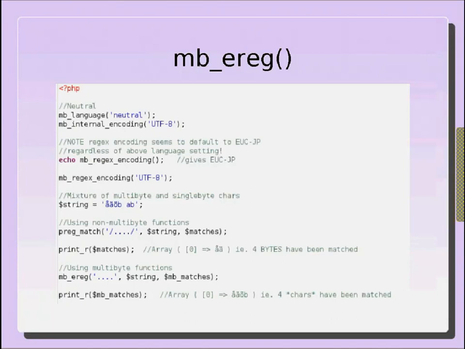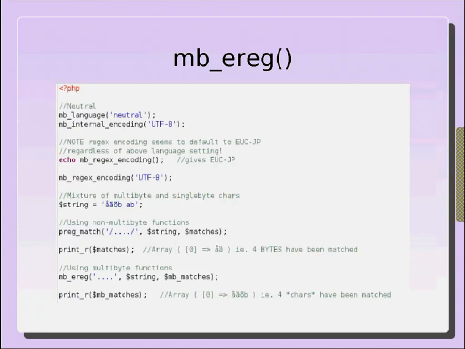So what we can do is set it with the mb_regex_encoding function, and you can see it there. We're setting it in this case to UTF-8, okay? And then we have a string with some fancy characters in it, with some umlauts and some little circles above the letters, okay?